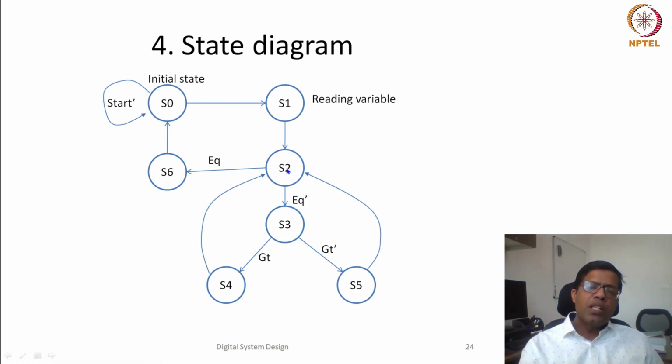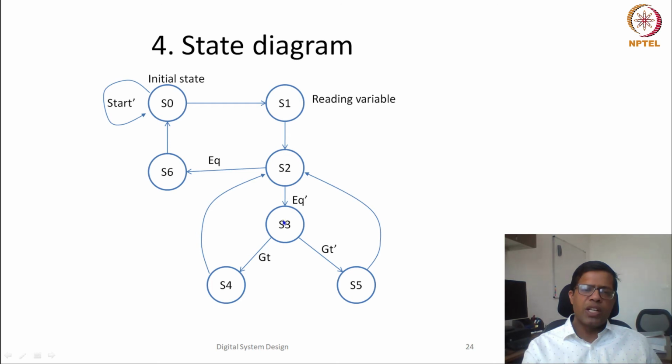So we are segregating here, going from S2 to S3. You may ask that both of them are comparison operations, so why not perform S2 as well as S3 in the same state? That would have been possible, but for the sake of simplicity, right now we are putting S2 and S3 as different states, although the operation in both of them is a comparison, which is done by the same operator, so there could be 4 outputs here.